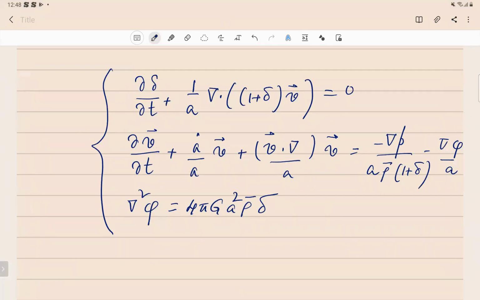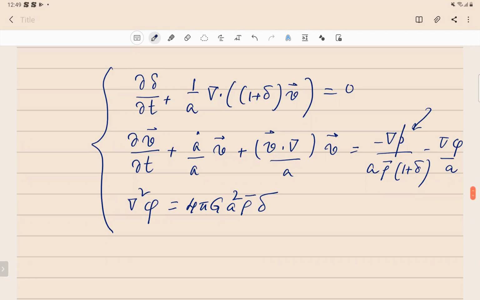Now you see there is phi, there is V, there is delta, but there is also this P. These equations really don't close within themselves, because you need to supply the P. For a component of the universe which has pressure, you also have to supply some relationship of P with delta, usually in the form of an equation of state. Once you are provided with that, you can actually solve these on a computer numerically.